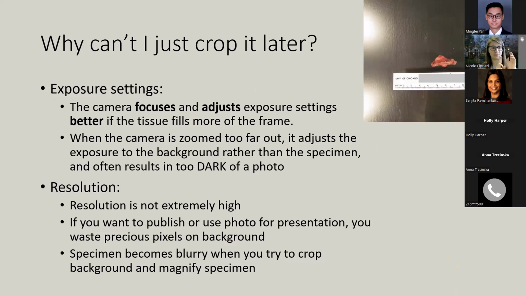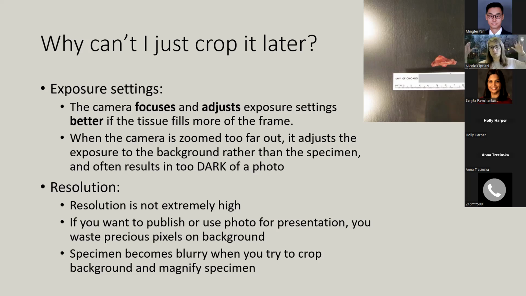Two issues I found. One is the auto exposure of our camera. In my experience, the camera both focuses better and adjusts the exposure settings better if more of the tissue fills the frame.